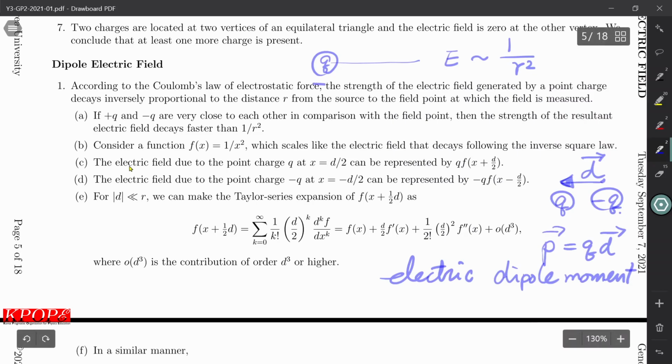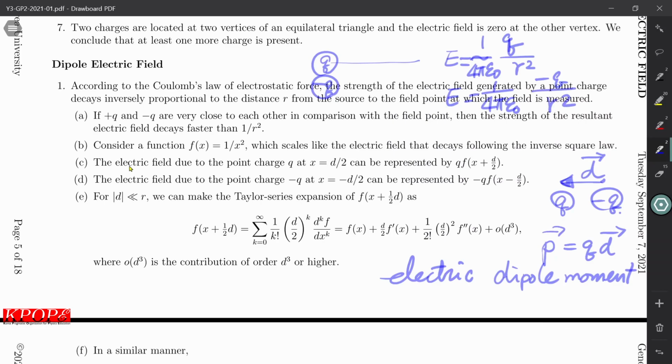We know this, for example, 1 over 4 pi epsilon 0 times plus Q and minus Q. If they are placed at the same place, some of this electric field cancels. Therefore, the resultant electric field due to the electric dipole cancels.